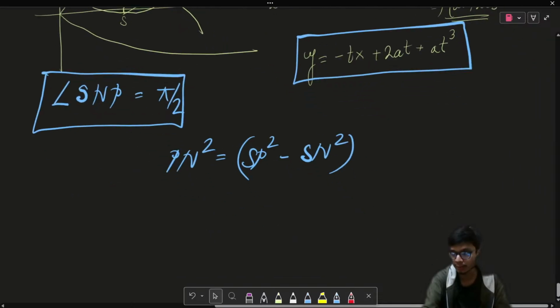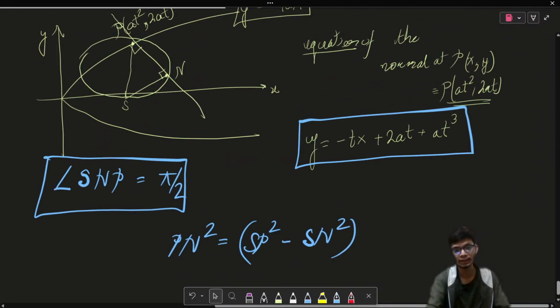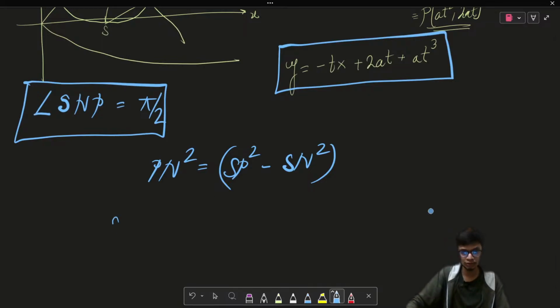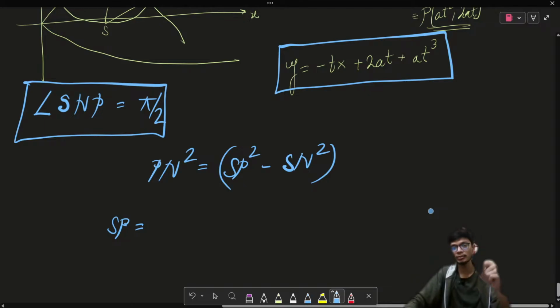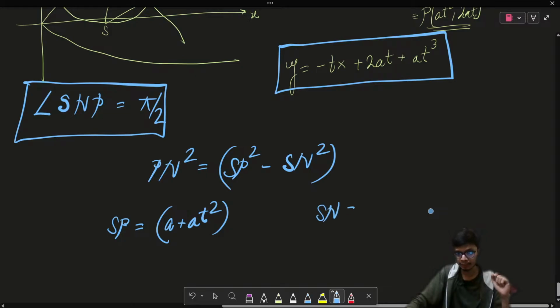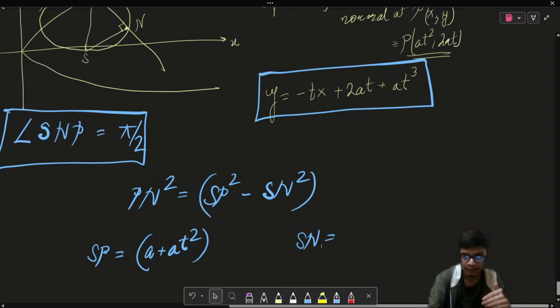Now since SN is perpendicular to the normal, and also the SP distance can be easily found out, because this is the distance of a point from the focus, which is similar to the perpendicular distance of the point from the directrix, that is going to be equal to a plus at square, right? In a similar manner we can approach the SN distance, because it is a perpendicular distance from the focus to the normal.